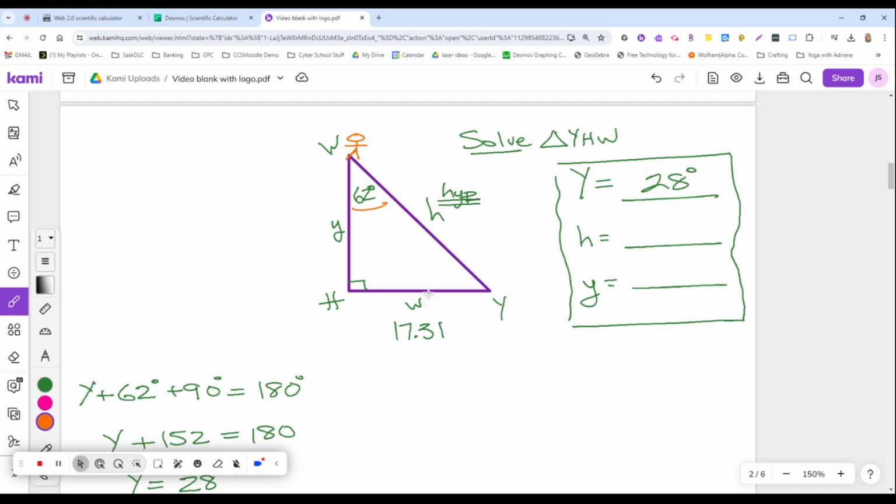Now it doesn't matter which side we find first, H or Y. Since I've got them written in this order, let's find H first, which is our hypotenuse. And across from this orange dude is a side that we know, across from being opposite. So we know our opposite. We're looking for hypotenuse.